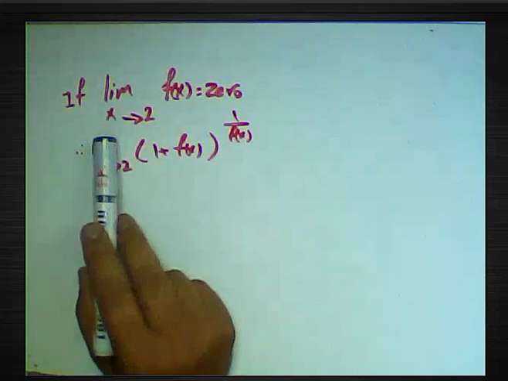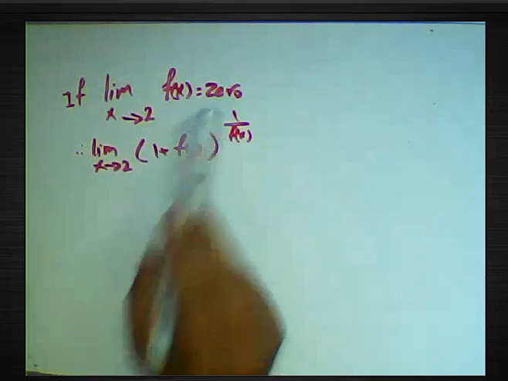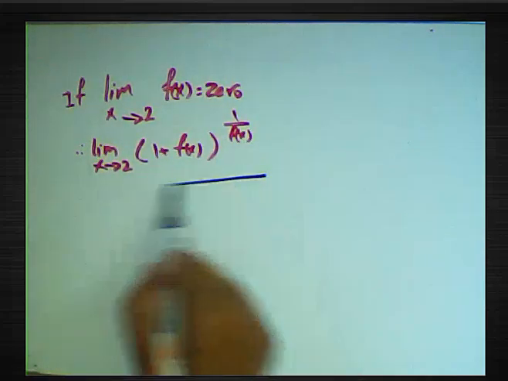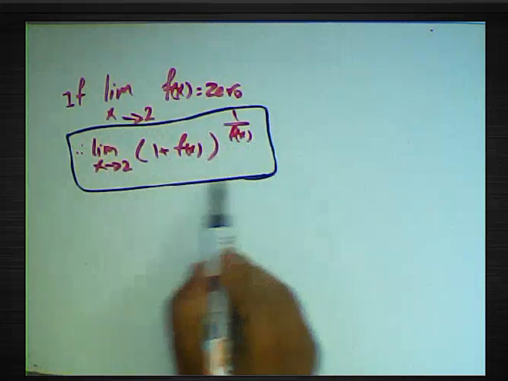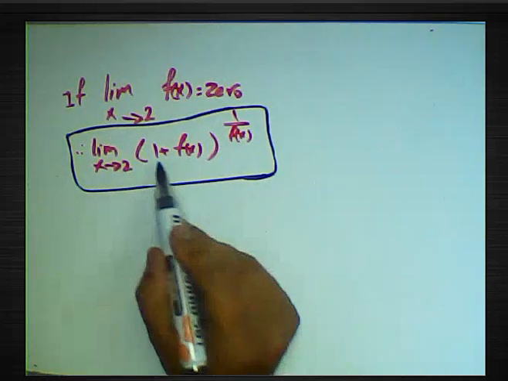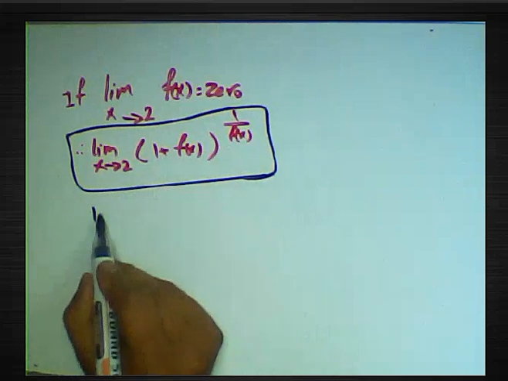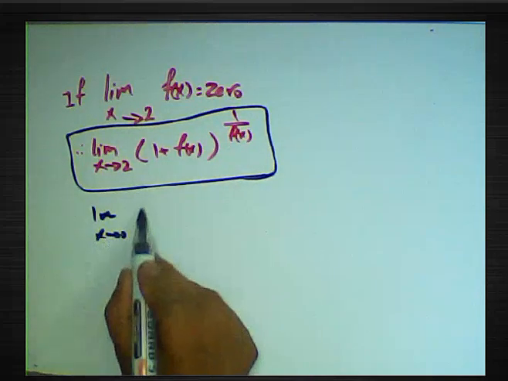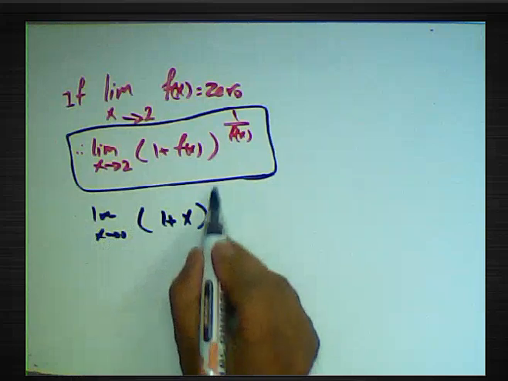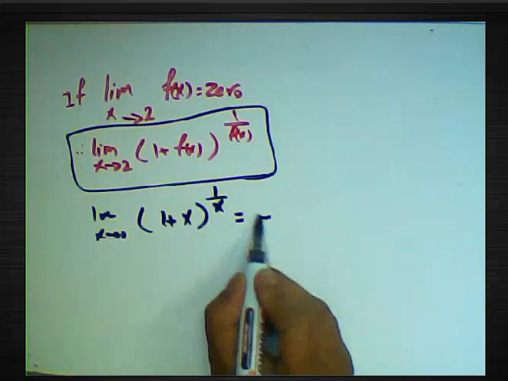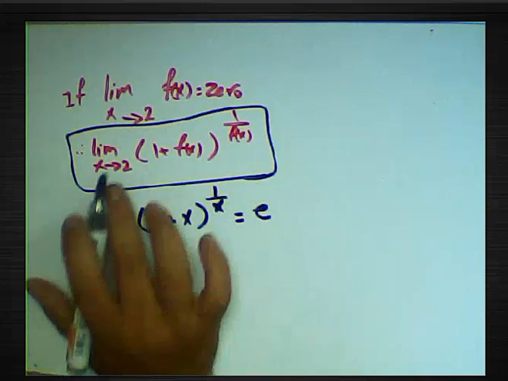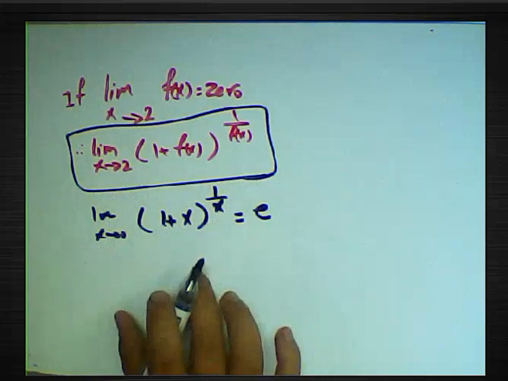If the limit as x approaches 2 of f of x equals 0, we want to find the limit as x approaches 2 of (1 plus f of x) all power 1 over f of x. You remember this example: the limit as x approaches 0 of (1 plus x) all power 1 over x will be e. You can write it like this example.